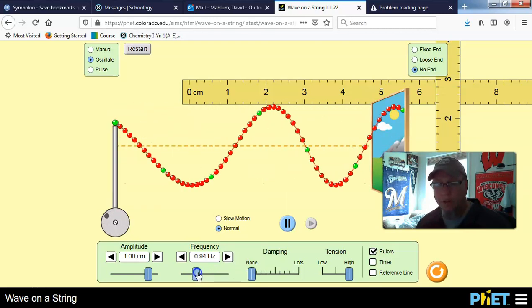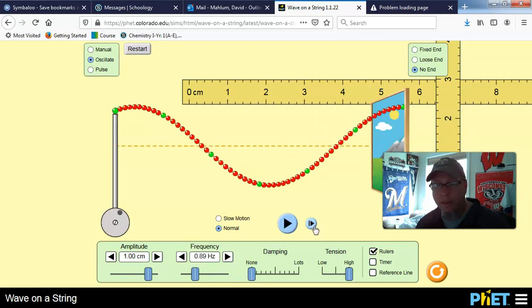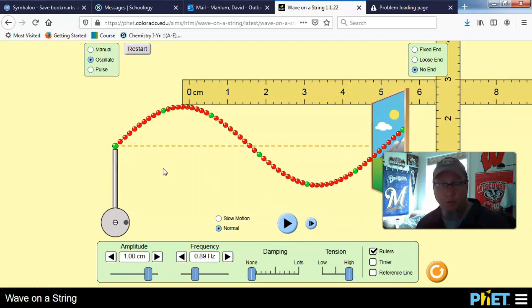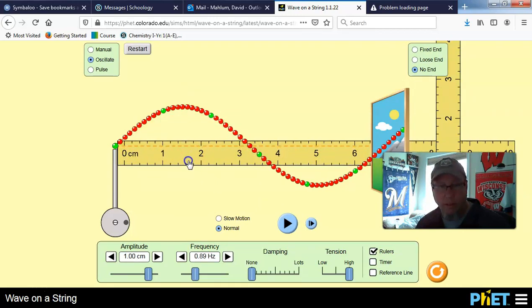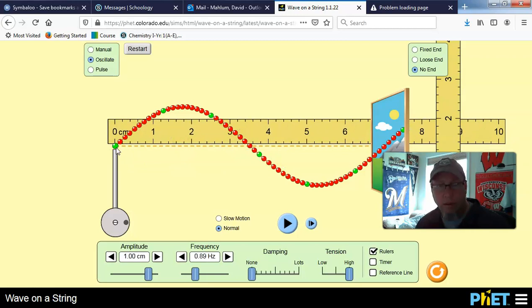I'm going to make the frequency go down. And if the frequency goes down, all I've got to do is find two identical parts of the wave and measure between them. So here's one part of the wave. I'm going to put this right at the front there, at the 0. The wave is going up, now it's coming down, and now it's going back up over here.